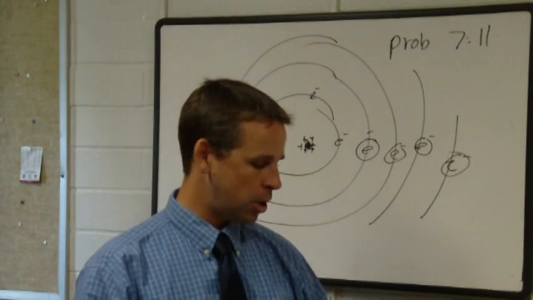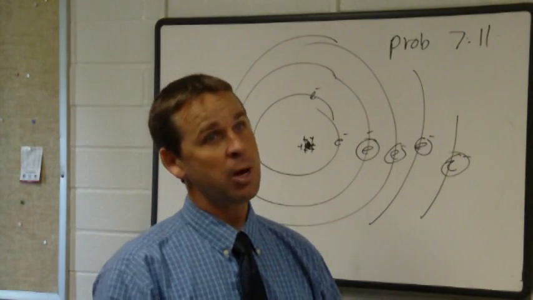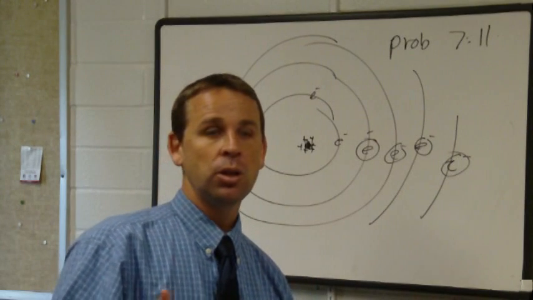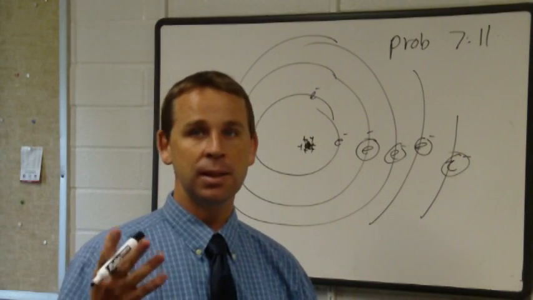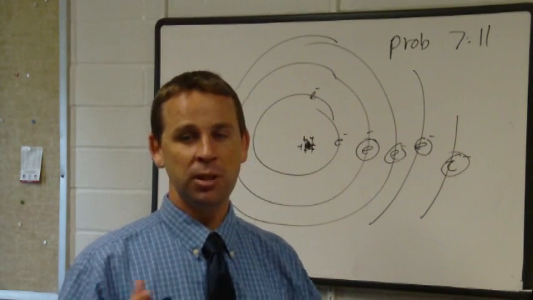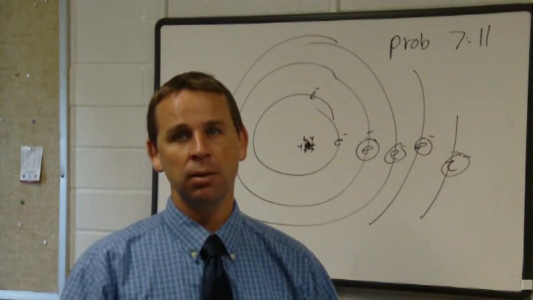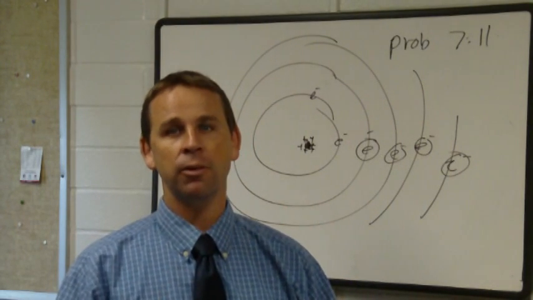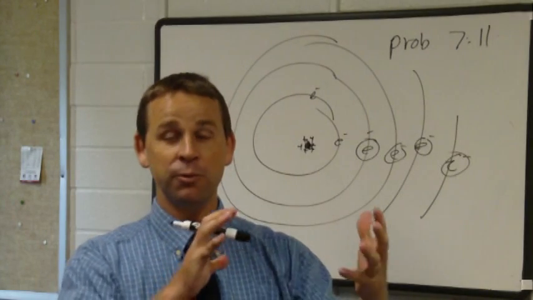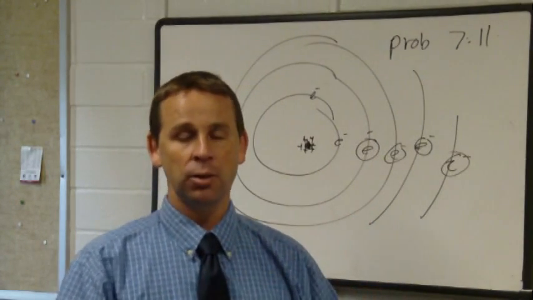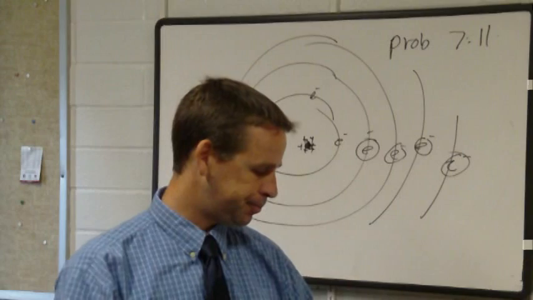Does the effective nuclear charge increase? Well, let's think about it. If the effective nuclear charge is to increase, then the electrons have to be positioned in such a way that they can all still feel, or be drawn by, that nuclear charge.